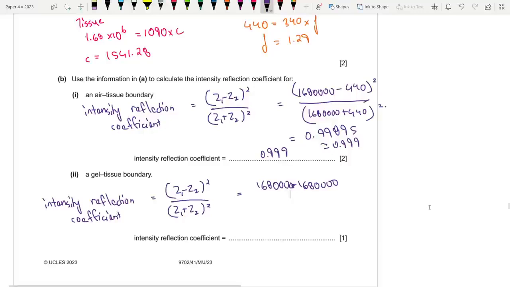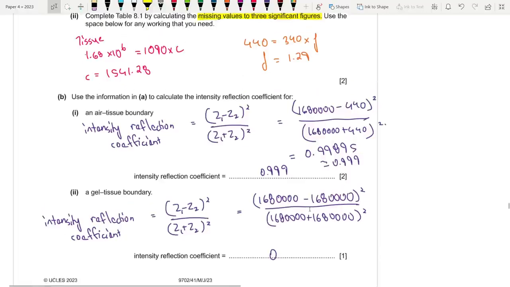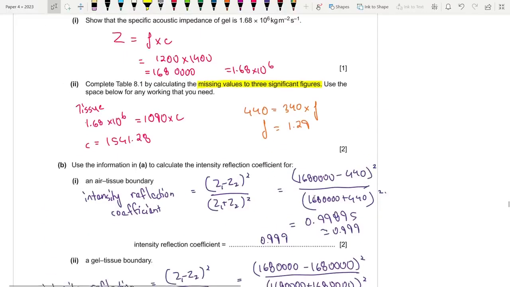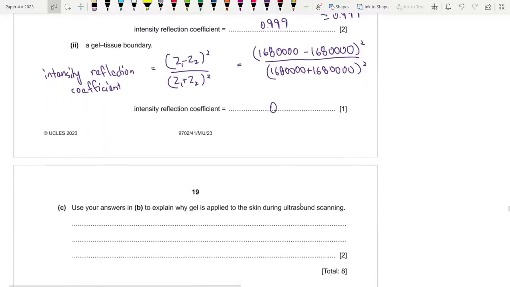Divided by (1,680,000 plus 1,680,000) whole squared. So yeah, 0 divided by anything is also 0. So basically, if we use the coupling medium, the intensity reflection coefficient becomes 0. So 100% of the ultrasound is transmitted into the body.